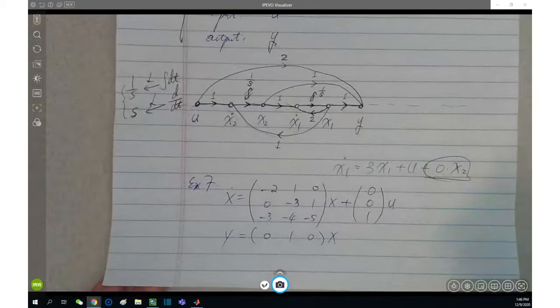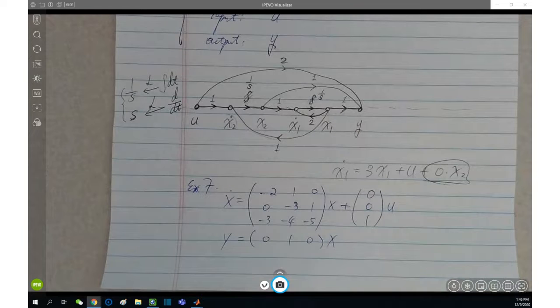All right, go ahead and find the corresponding signal flow graph. I'll give you guys 3 to 4 minutes. Go ahead.